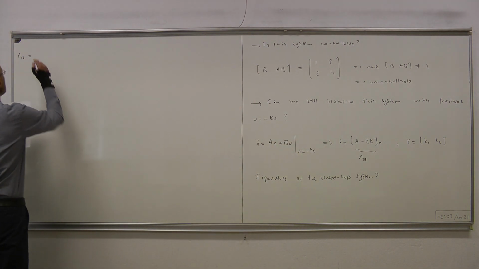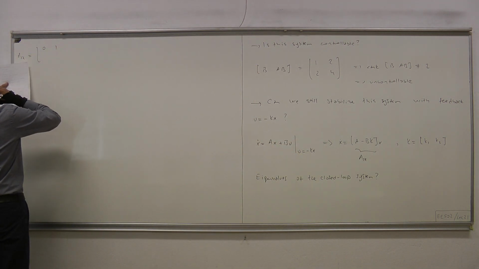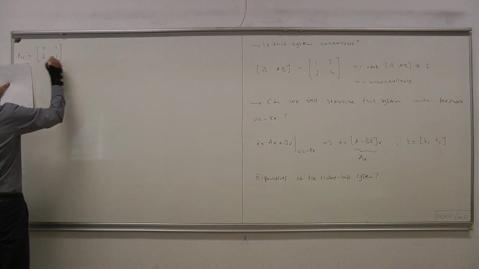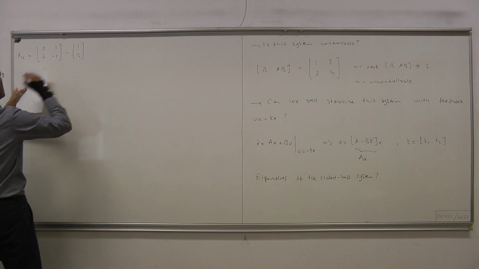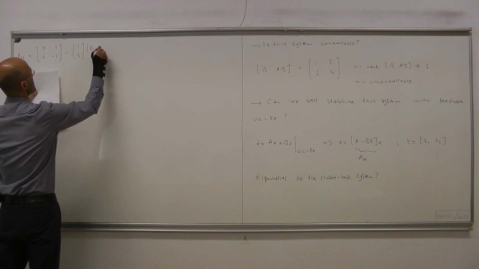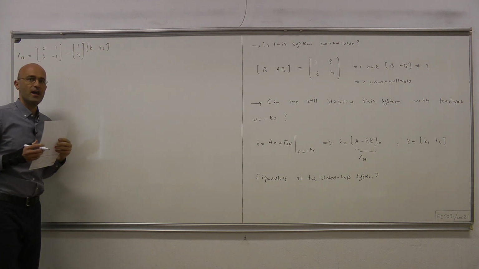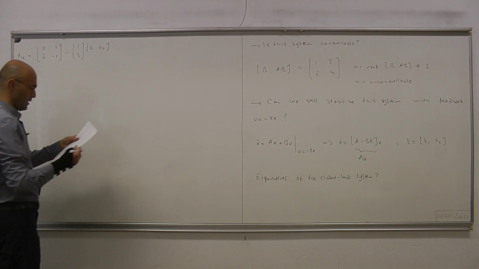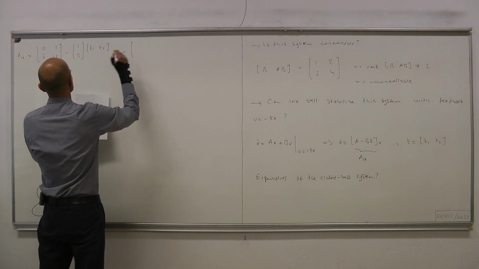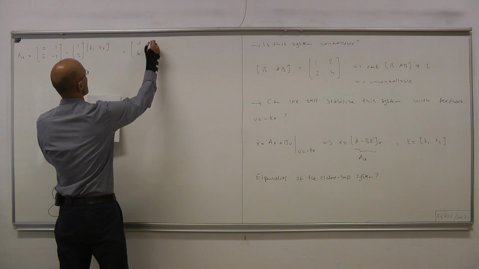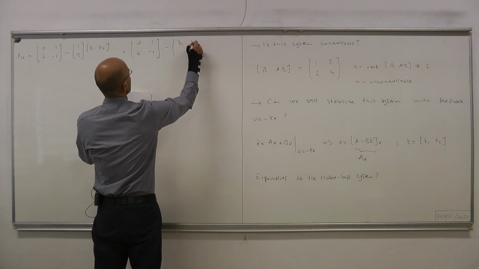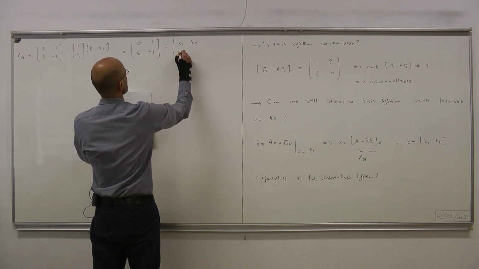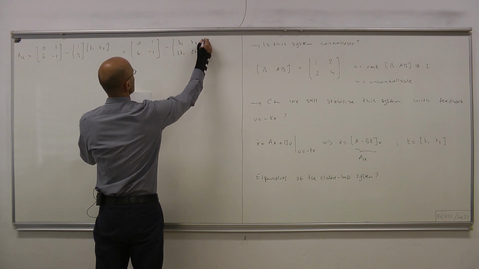A was 0, 1, 6, minus 1. This is our B, and here we have our K matrix with entries K1 and K2. That equals 0, 6, 1, minus 1, minus K1, K2, and then 2 times that, 2K2.